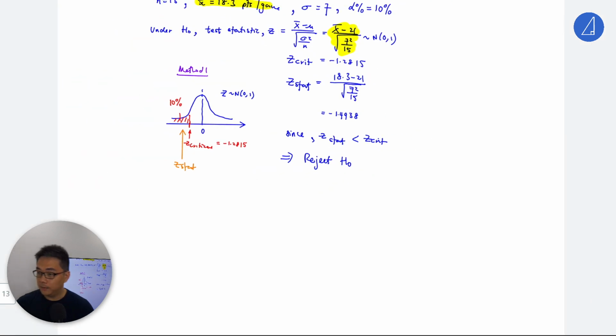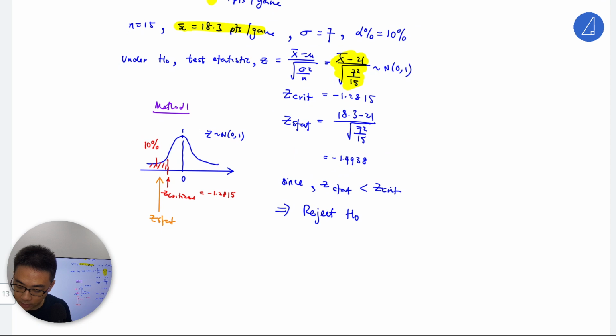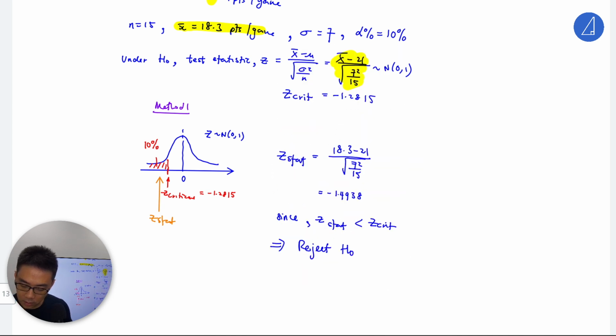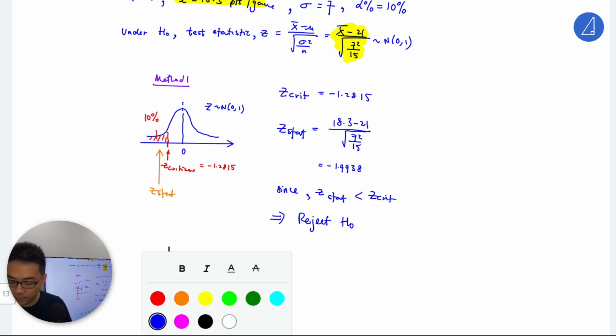Write down the reason. This is method 1. Method 1 is important. You really need this method to do all the difficult questions. So here we reject H naught at the 10% level of significance.